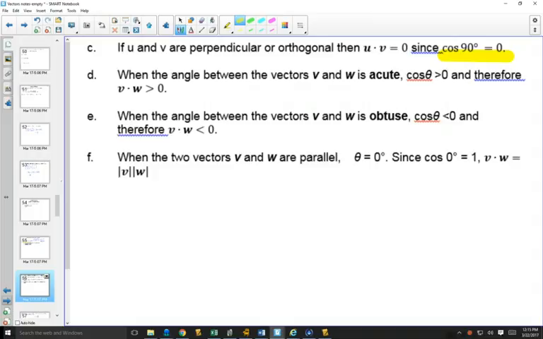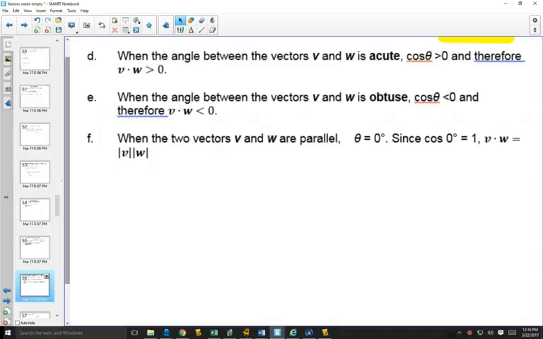Anytime your dot product is greater than 0, in other words, if cos is greater than 0, that means the angle's in quadrant 1, and your dot product will be positive. If your angle is in quadrant 2, cos is negative. And so if your dot product is negative, you already know you have an obtuse angle between them rather than an acute angle.